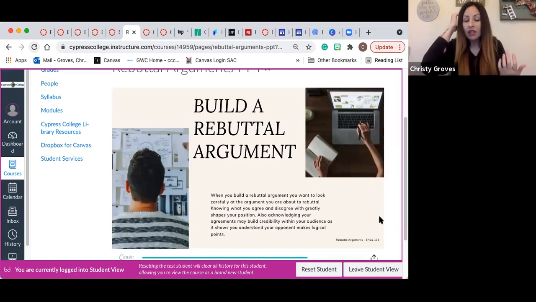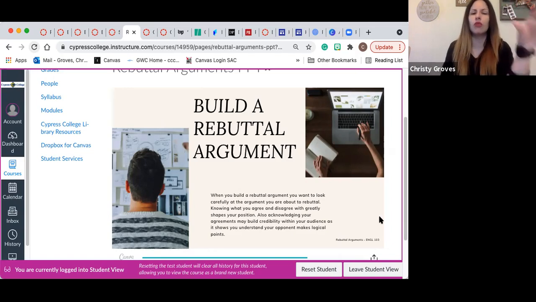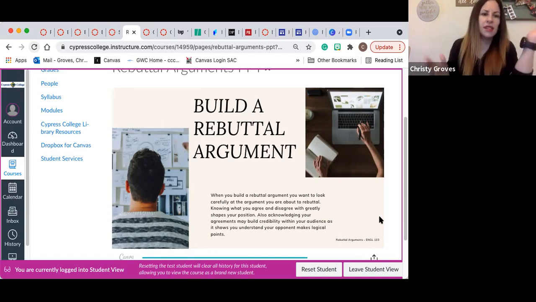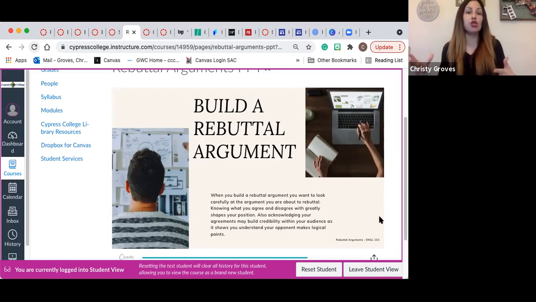So also acknowledging your agreements may build credibility with your audience as it shows that you understand your opponent makes logical points, okay? And this is where concession comes into play, right? Where you say, hey, they're right about this, right? They make a really good point here when they say A, B, and C, but I still know that X, Y, and Z is true, or X, Y, and Z is more important.